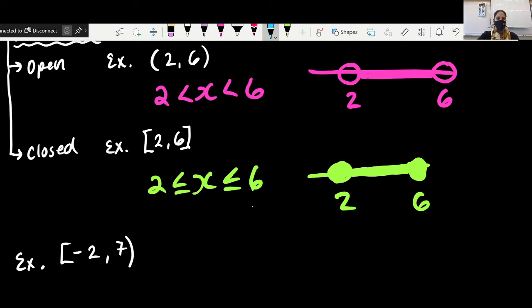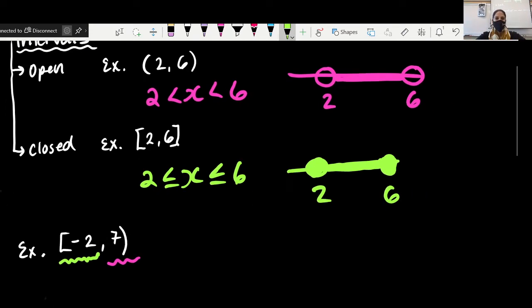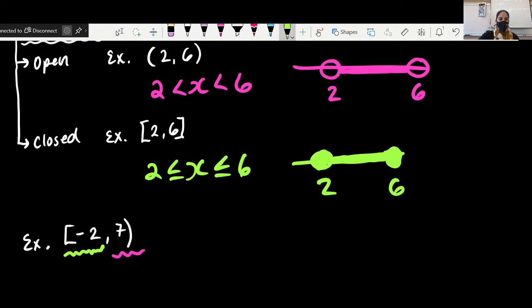Okay, so then for this next one here, you know how I like to do this. Let's color code it. So that part is in a square bracket, and this part is in a curved bracket. So we have a little bit of both going on. So when we go to work on this or make sense of what's happening, we could say that x is greater than or equal to -2, but it's only less than 7.